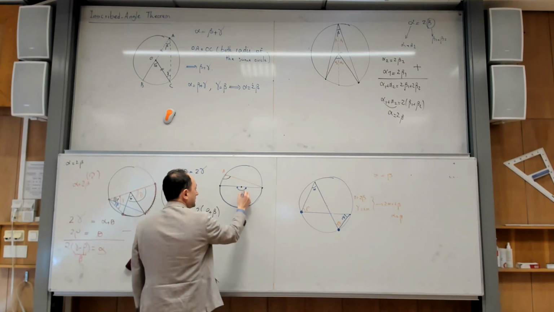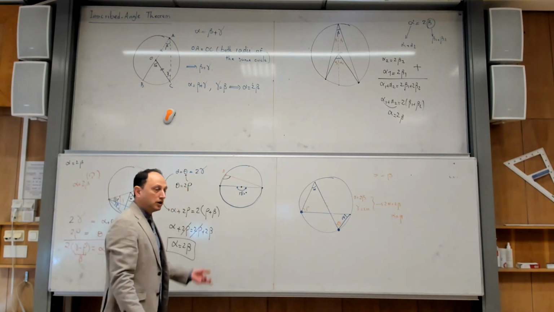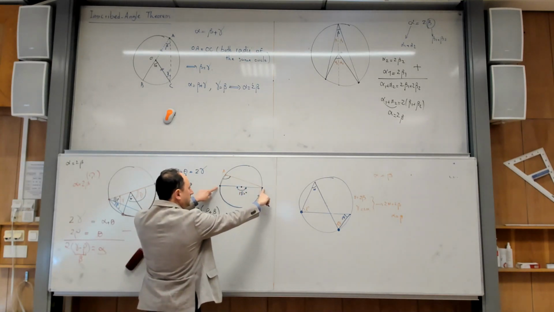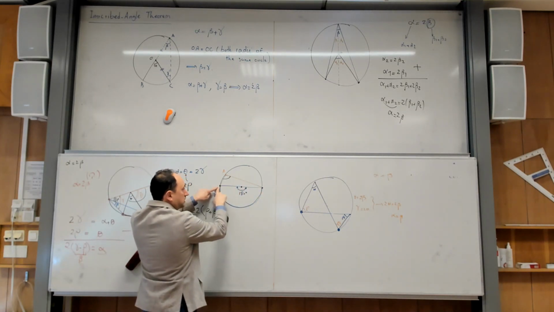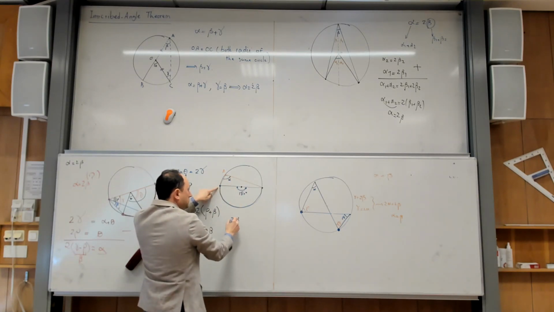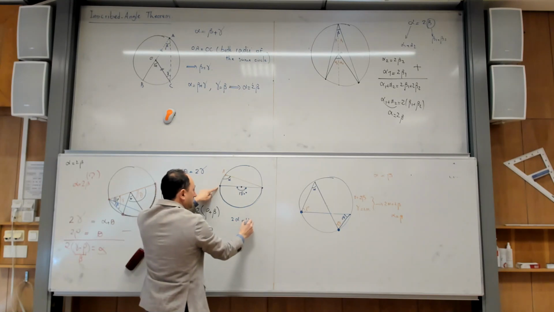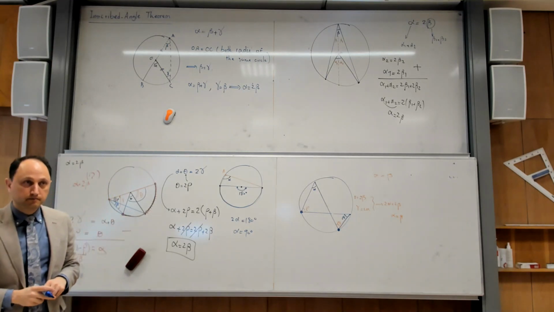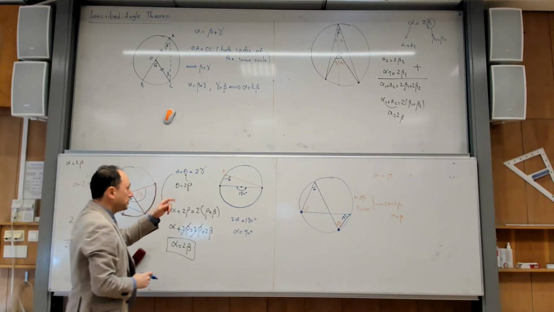It is 180 degrees. On the other hand, this is a central angle subtending the same arc. So this means that this alpha times 2 is 180. So this means alpha itself is 90 degrees. Yes, is that understandable? It's an extremely simple but important thing.